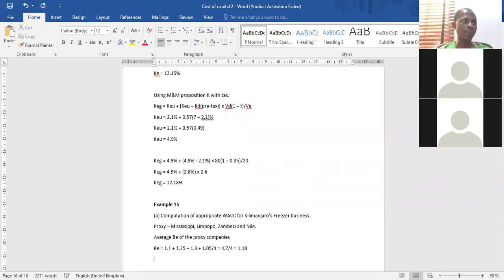Now, all these companies have debt, all of them have debt. So it means that beta is their geared beta. We need to ungear the beta and get the beta of equity of the proxy companies.